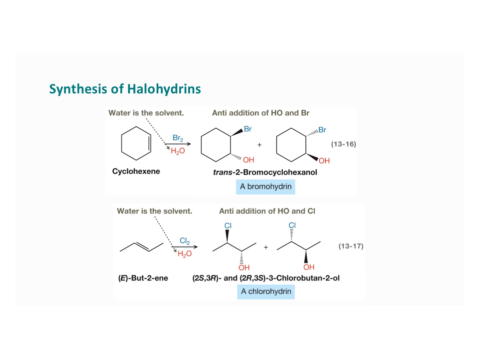How we do this is instead of carrying out the reaction in carbon tetrachloride, we switch the solvent to water. And if we switch the solvent to water, then we can form the bromohydrin or the chlorohydrin. The reactions for halohydrin formation are stereospecific.